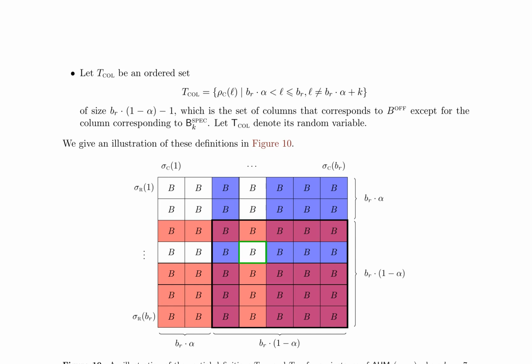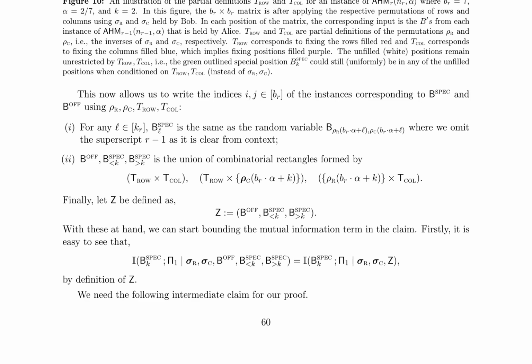Using these definitions, the authors express the indices i and j of the instances corresponding to B_spec and B_off in terms of rho_r, rho_c, T_ro and T_col. Specifically, B_spec_l is equivalent to the random variable B(rho_r(b_r alpha + l), rho_c(b_r alpha + l)).